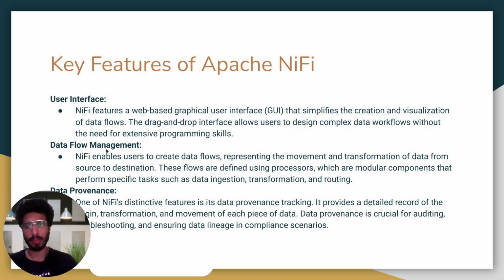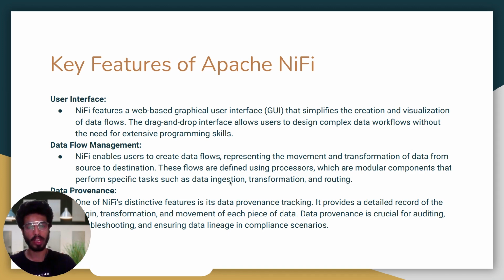Next is data flow management. NiFi enables users to create data flows representing the movement and transformation of data from source to destination. So as I showed you, we have a get file and a put file processor. Okay, so we can manage that movement from source to destination. These flows are defined using processors, which are modular components that perform specific tasks, such as data ingestion, transformation, and routing.